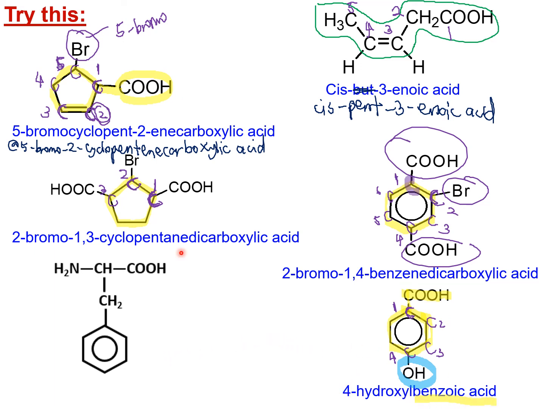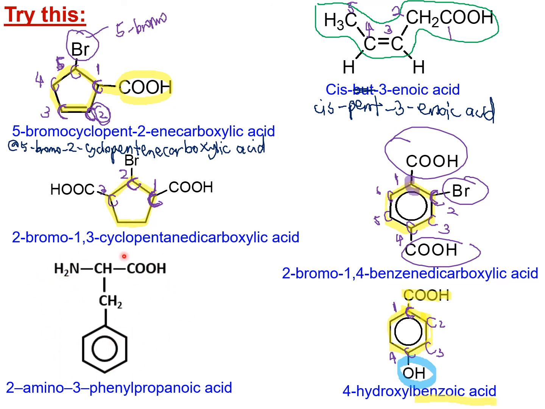Okay, last one. Okay, nama dia ni adalah 2-amino-3-phenyl propanoic acid. Okay, kenapa? Because as what I told you, kalau you nampak benzene ring and you nampak COOH ataupun amino, kat sini this organic compound ada 3 functional group.